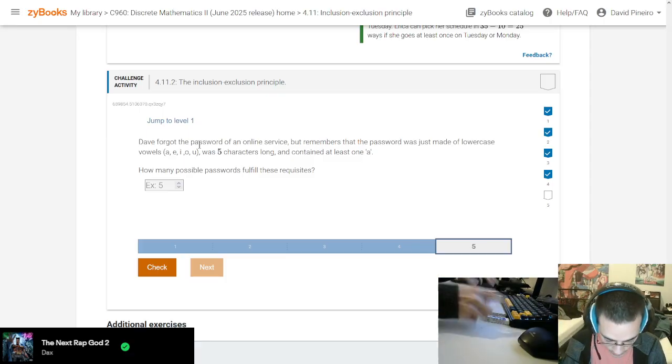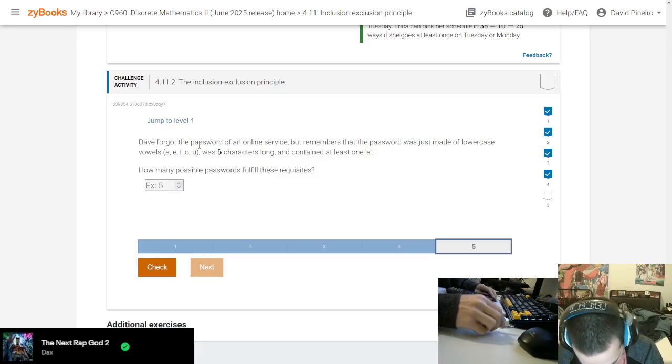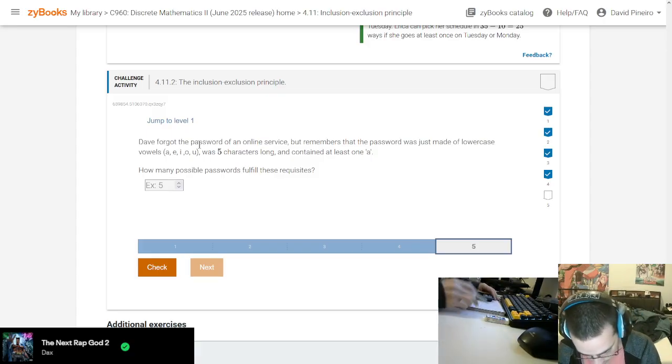I could write this all down, but I could also use summation. So I'm gonna do that. x equals 1 to 5. We are gonna do the sum of 5 choose x, 4 to the 4 minus x plus 1.